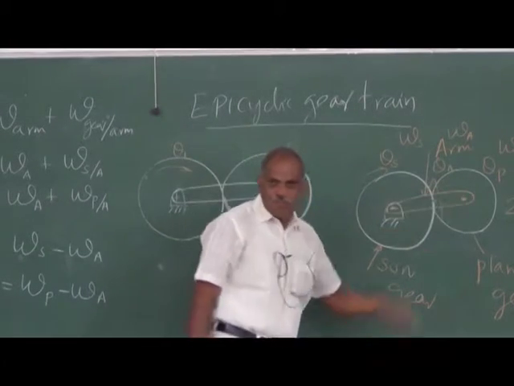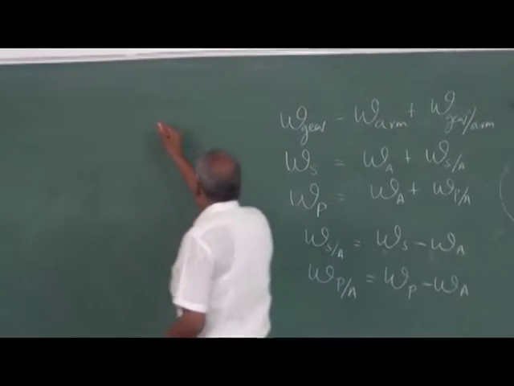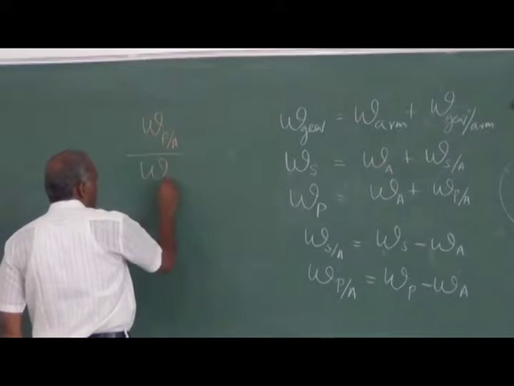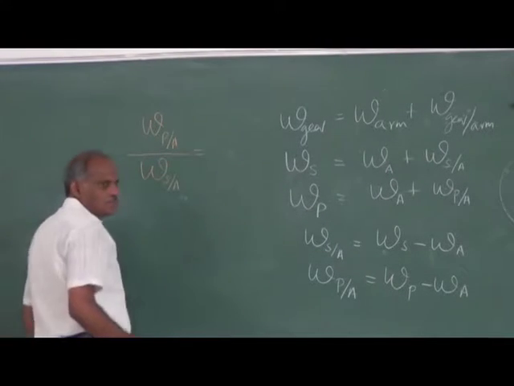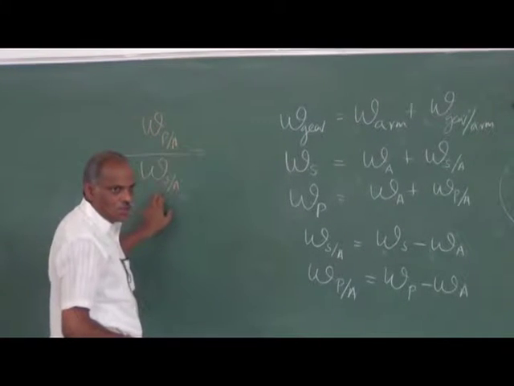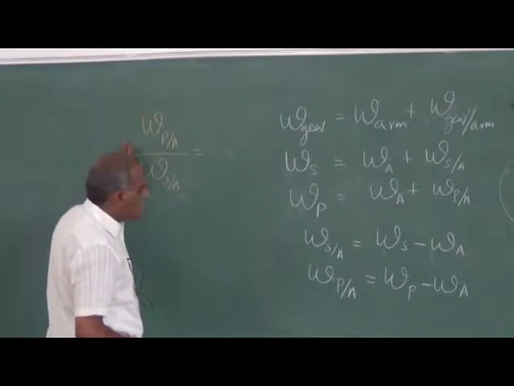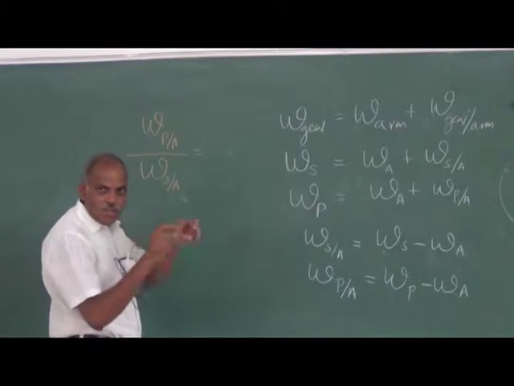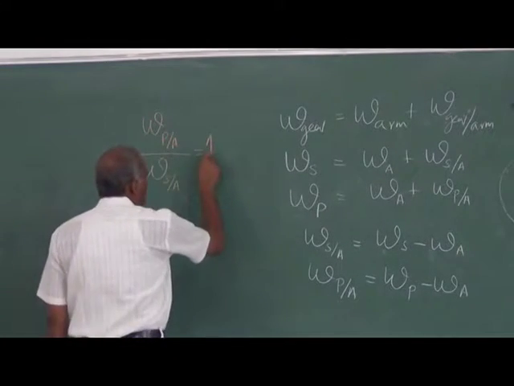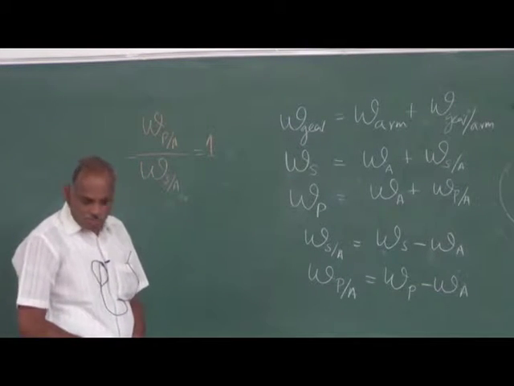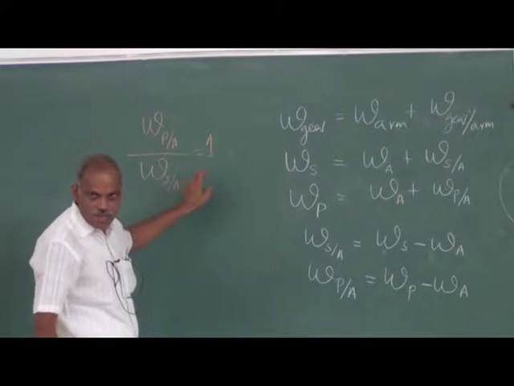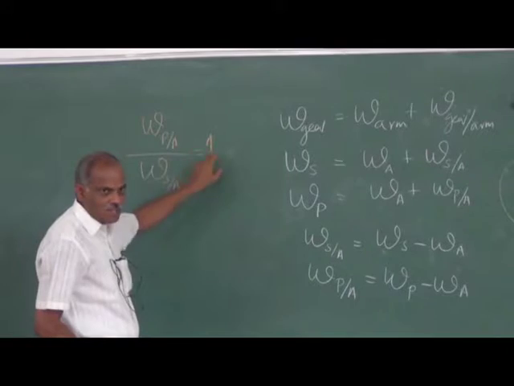So with respect to the arm, if you write this, the angular velocity of the planet with respect to the arm divided by the angular velocity of the sun with respect to the arm, that ratio is the gear ratio given by the diameters or number of teeth. In our case, that is 1, because this is decided by the diameter ratios, and here we have engaged the same diameter, so this is equal to 1.